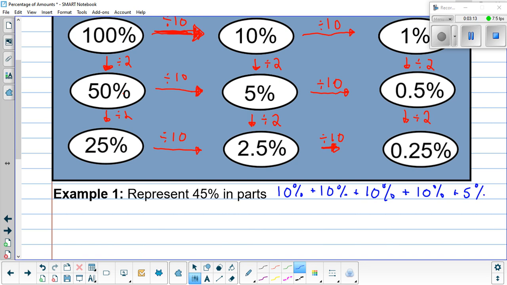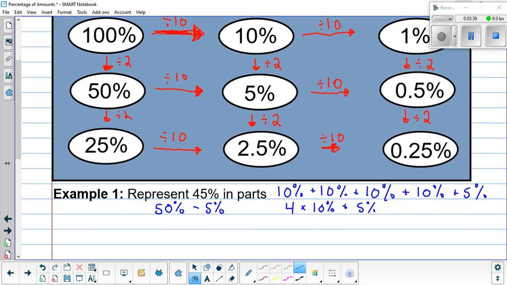We could have actually saved ourselves some time and done 4 times 10% plus 5%. Another one we could have done is, just because we're adding together doesn't mean we can't do 50% and then take away 5%. That's still 45%.